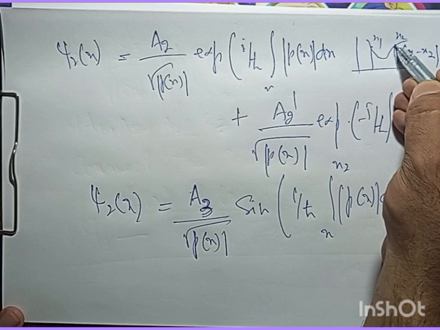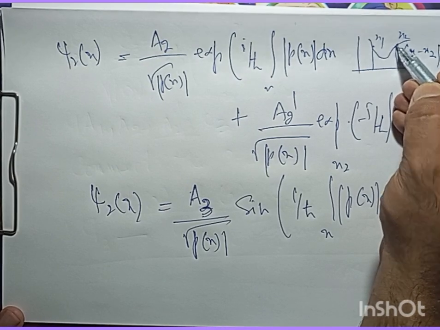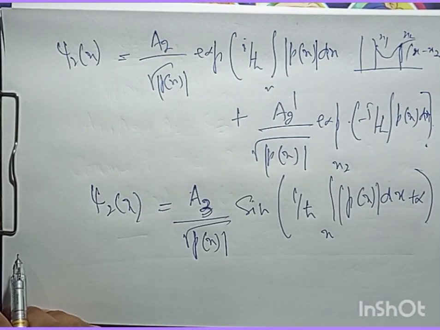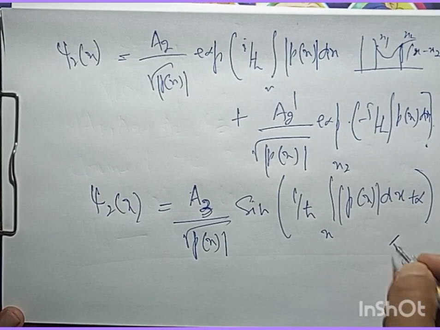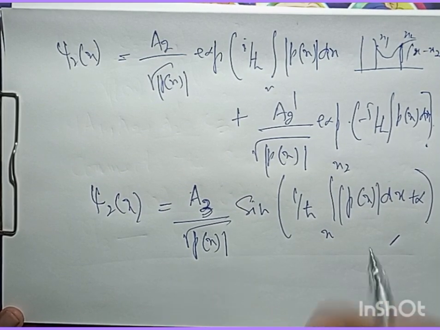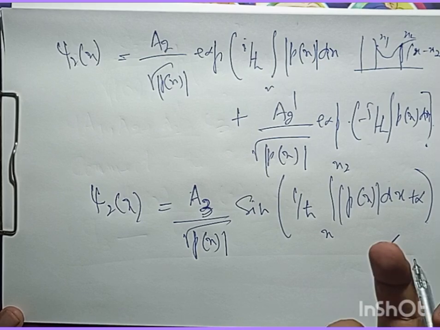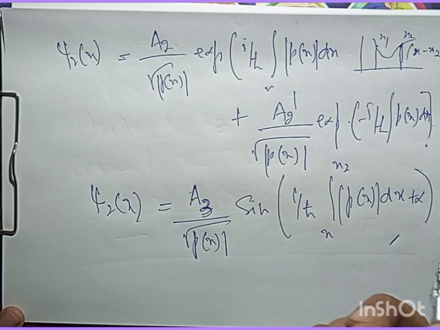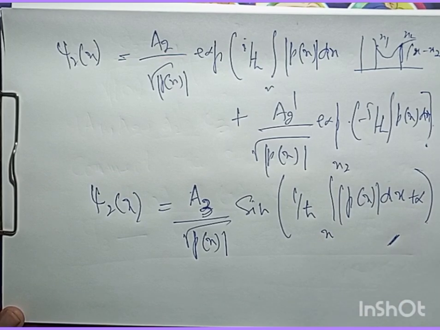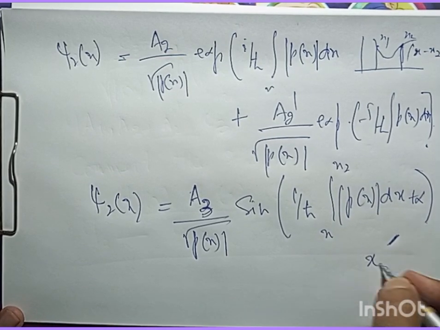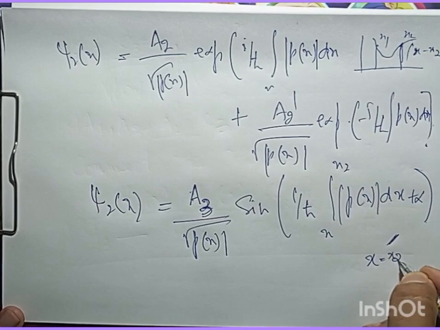If this increment between x and x2 is extremely small, we can represent it by a straight line, and the slope of this straight line is equal to that of the potential at the classical turning point, which we have been defining here as x equal to x2.